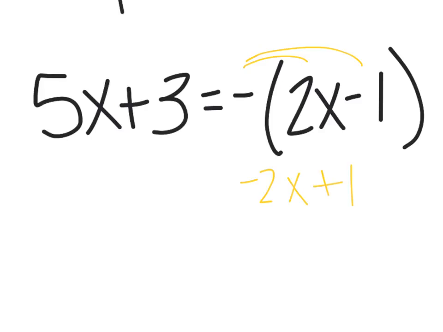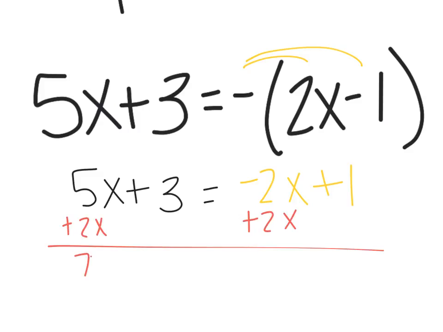I still have 5x plus 3 equals negative 2x plus 1. Same idea: I need to get the x's on one side, everything else on the other. So what do I need to move? The negative 2x, which I do by adding 2x this time. So then I get 7x plus 3 equals 1.